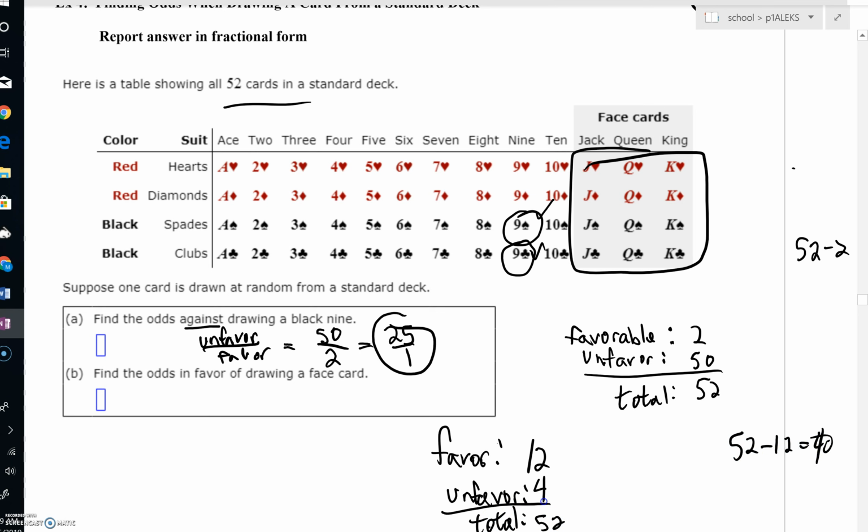So there are 40 non-face cards. So you want the odds in favor. So you want the favorable over the unfavorable. So that's going to be 12 over 40. And if you divide out a 4 for both of these, you'll get 3/10. And that's it.